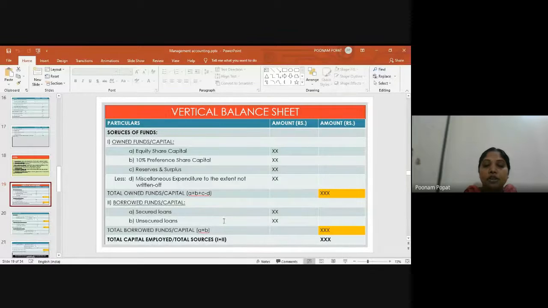If you have taken a loan without any mortgage, like a personal loan or vehicle loan, it will come in unsecured loans. Current liability will not come here because it is shown as a deduction from current assets. On the application side, we will see the current liabilities reflected. When we add up these two, we get the liability side total.